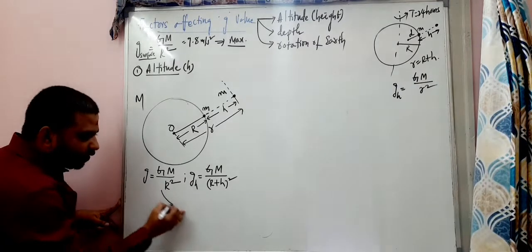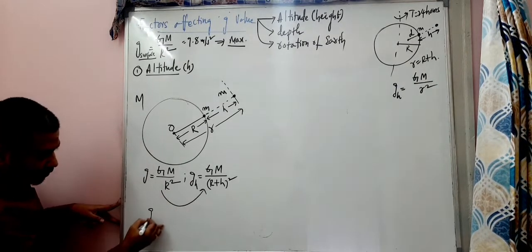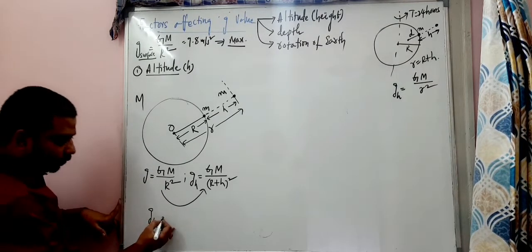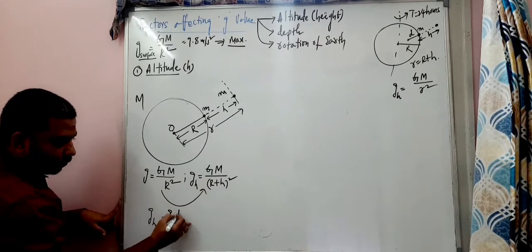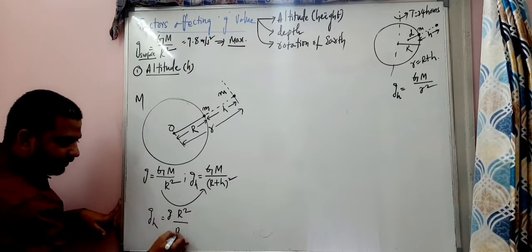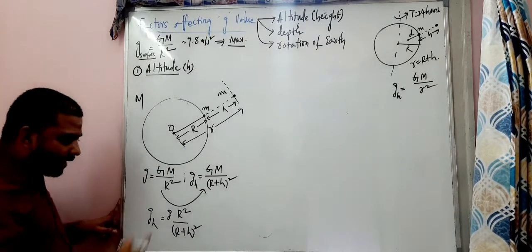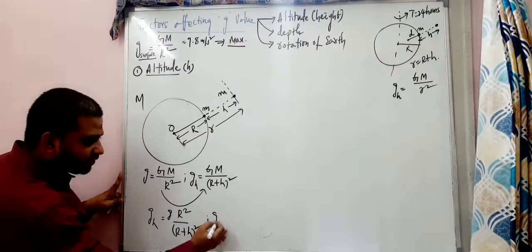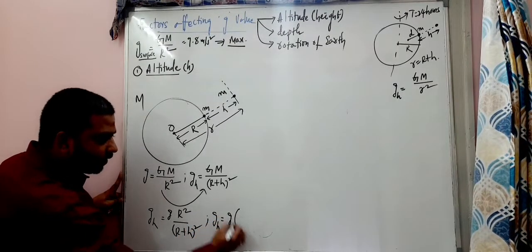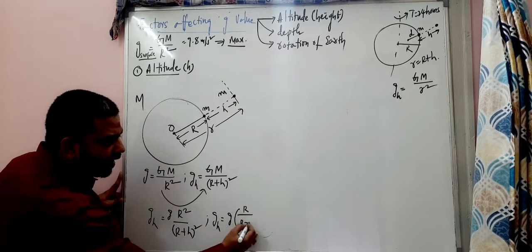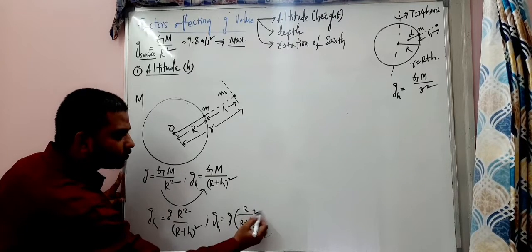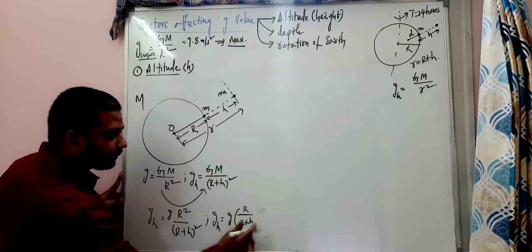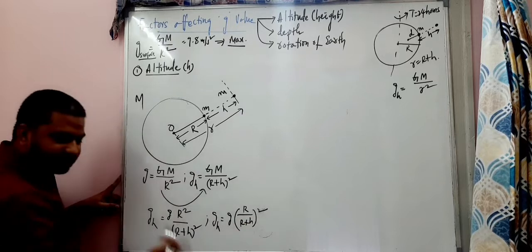So from this equation I am substituting here: g suffix h is equal to G into R squared divided by R plus h whole squared. And from here, the final one: g suffix h is equal to g into R by R plus h, whole squared.